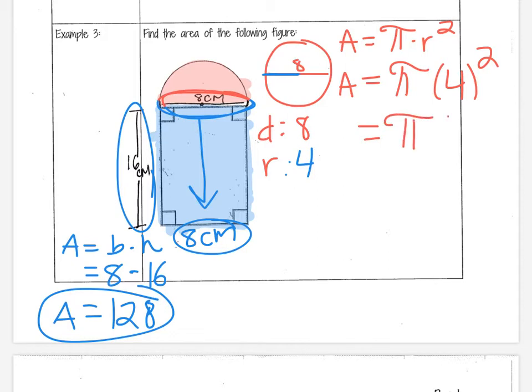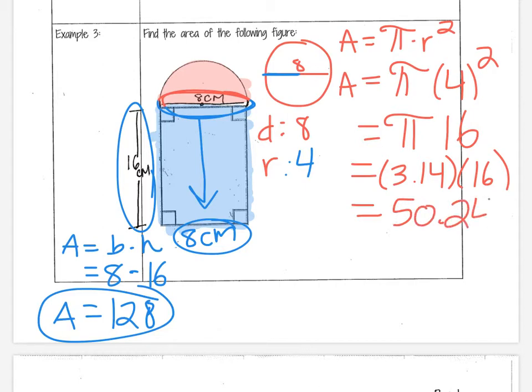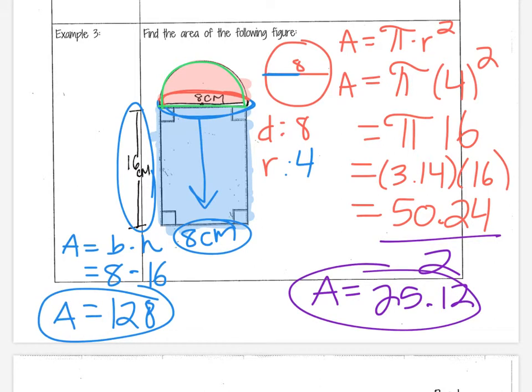So that's pi times 16. The value of pi is 3.14 times 16, which is 50.24. But that's for this whole circle. Here I have half a circle, so I need to divide this by 2 to get the area of my semicircle. So 50.24 divided by 2 is 25.12. Circle it to hold on to it.